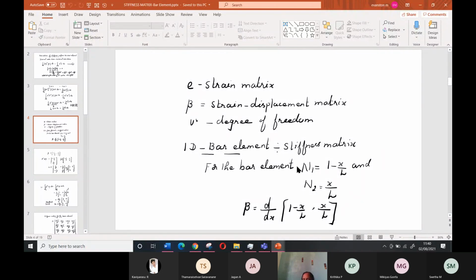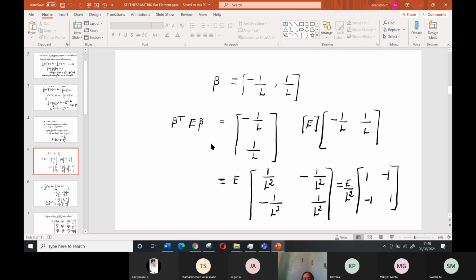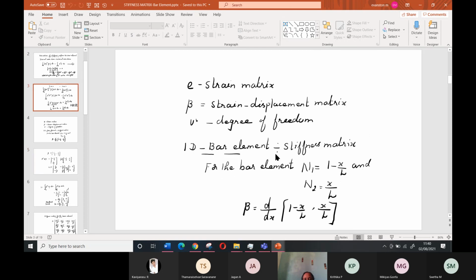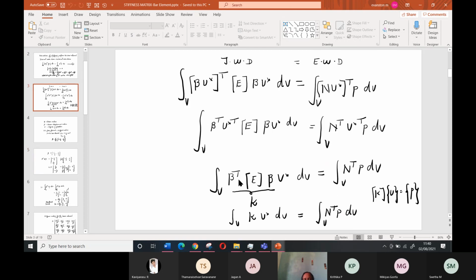You remember this because you have written the test also. I think all of you can recollect the shape function for the bar element, that is N1 and N2. When you differentiate that, you will get the beta matrix. The stiffness matrix is nothing but beta transpose E into beta.